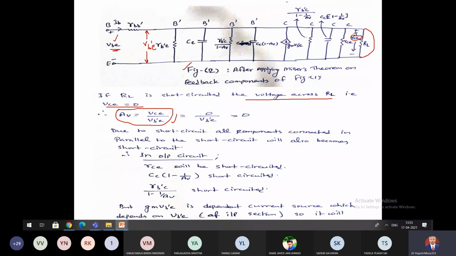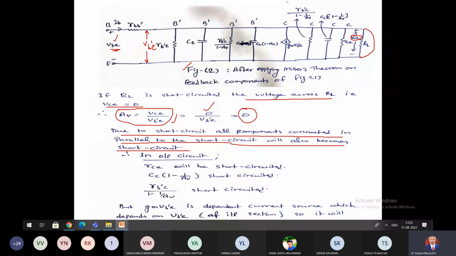Now, if due to the short circuit VC is 0, then this is 0 divided by this, so the voltage gain will become 0. So due to short circuit, all the components connected in parallel to the short circuit will also become short circuit.